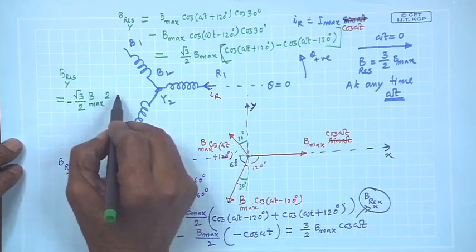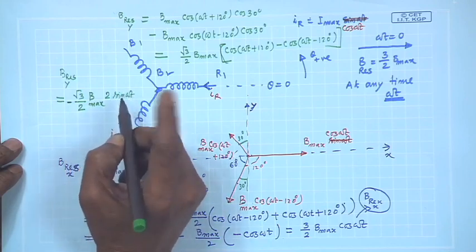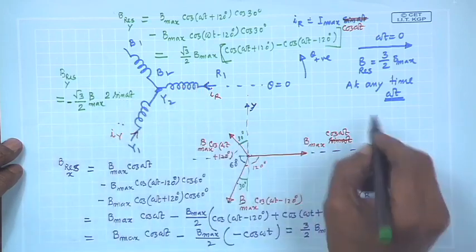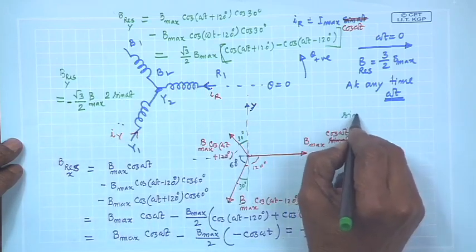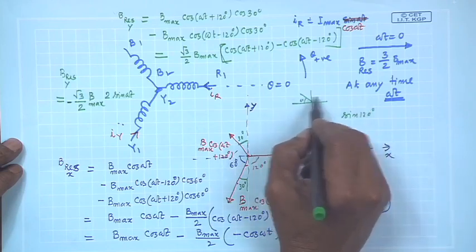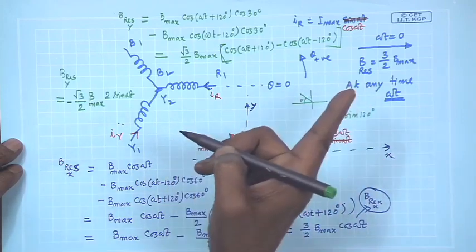So, 2 sin A and sin 120 degree is, so sin of 120 degree is here, which is 60 degree plus all sin. So, sin 60 is root 3 by 2.